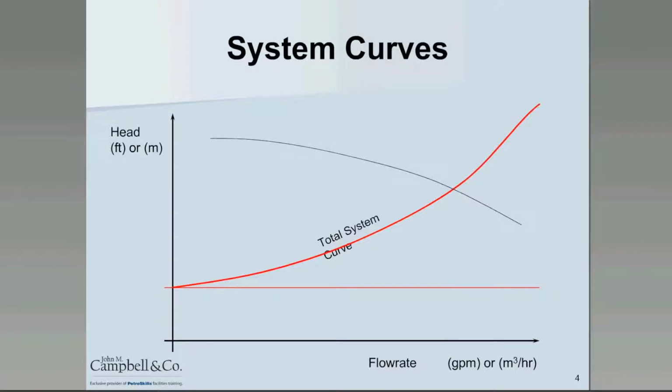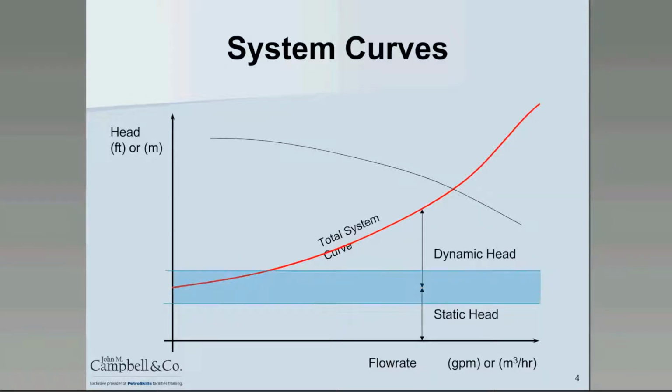We should also note that in reality, when we make these calculations, there is some variation in that the static head pressures in vessels may change, or the elevations between levels in two tanks may change. And so there could be variation in your static head.